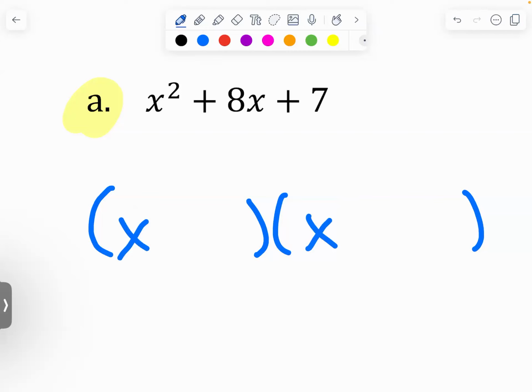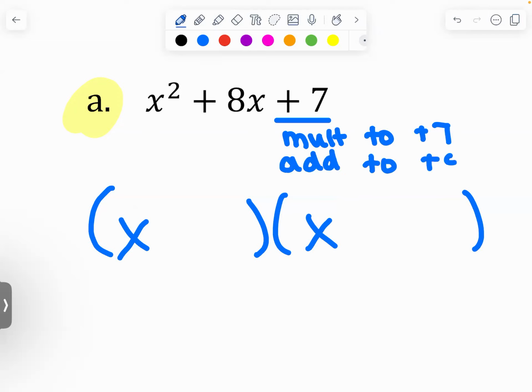And we know we're going to look for 2 numbers that multiply to positive 7 and add to positive 8. Two numbers that multiply to 7 and add to 8. Is Clark right? Yes. So x plus 7, x plus 1.